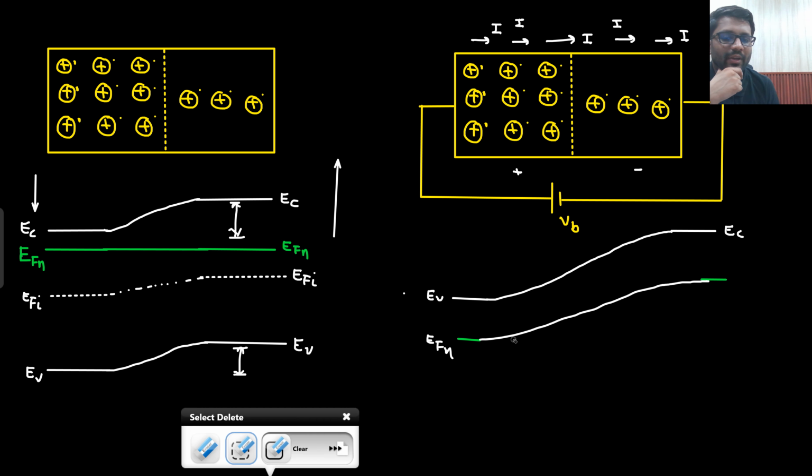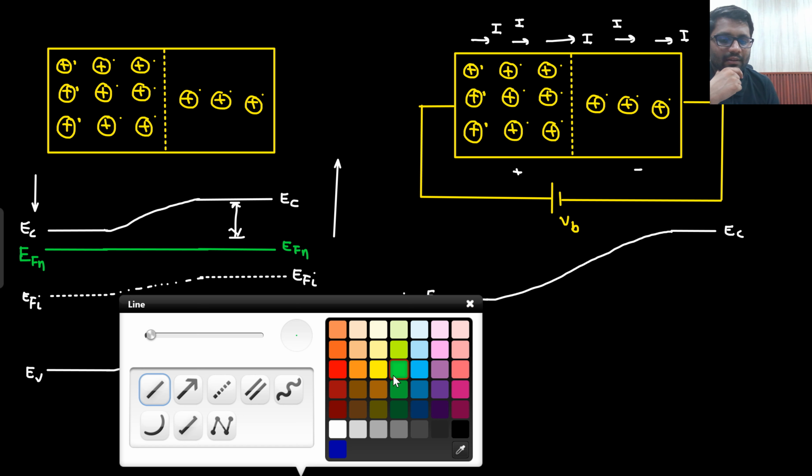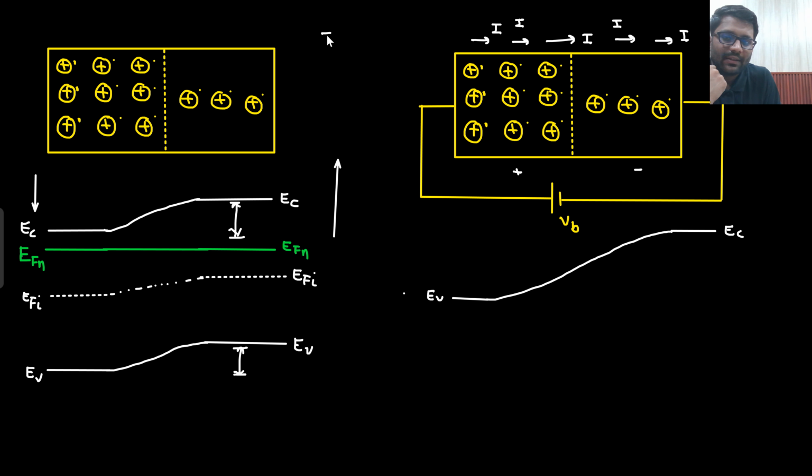So ideally, how should I make my EFN? This is a function of x as well. Current is the same, no? So ideally, this is how it should be made.